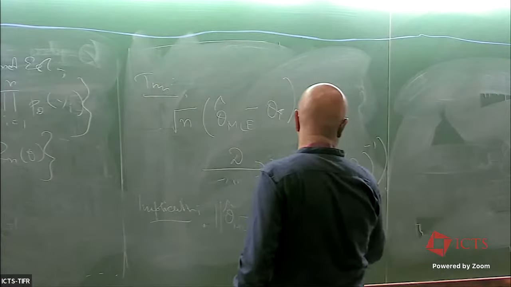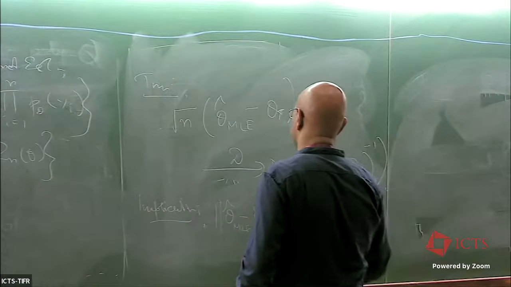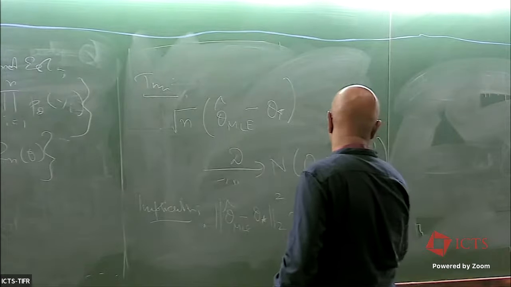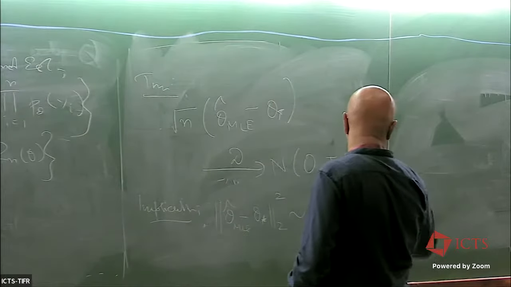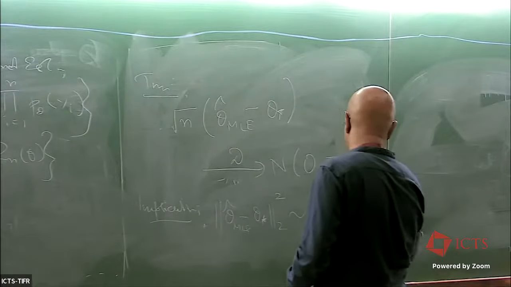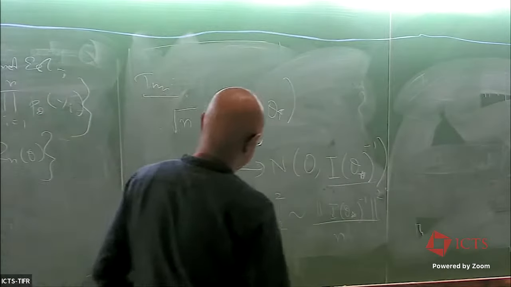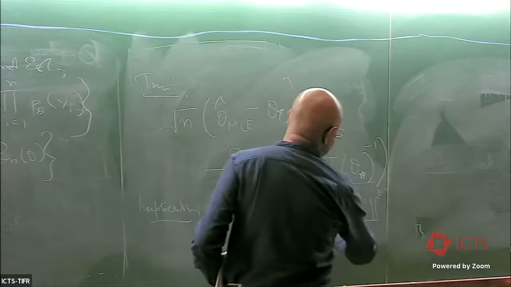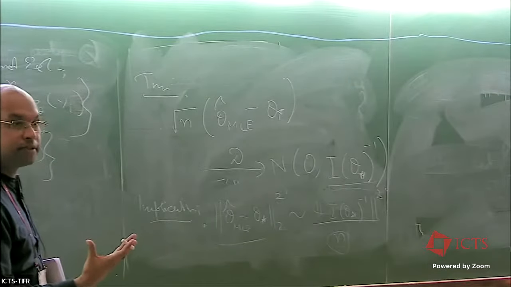So this is something like the size of I theta inverse squared, in an appropriate norm, divided by n. Basically, if this has to be small, then n must beat the size of the inverse Fisher information.